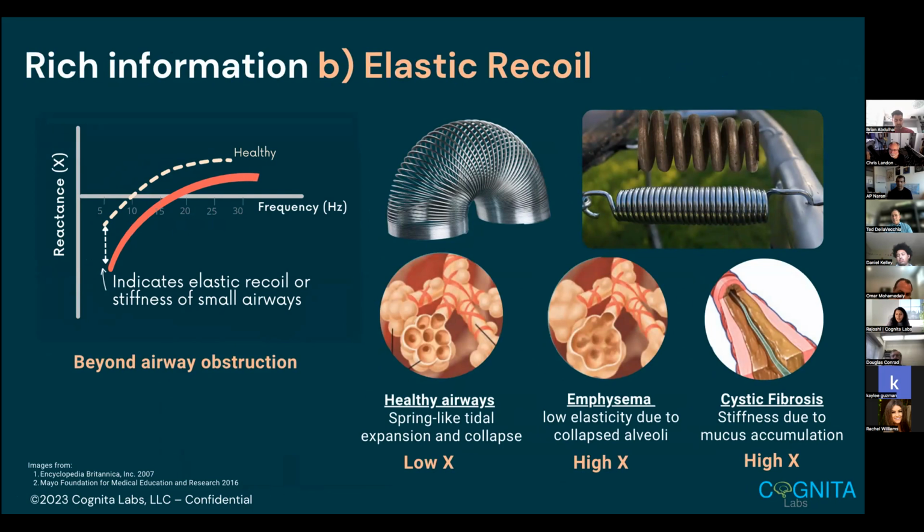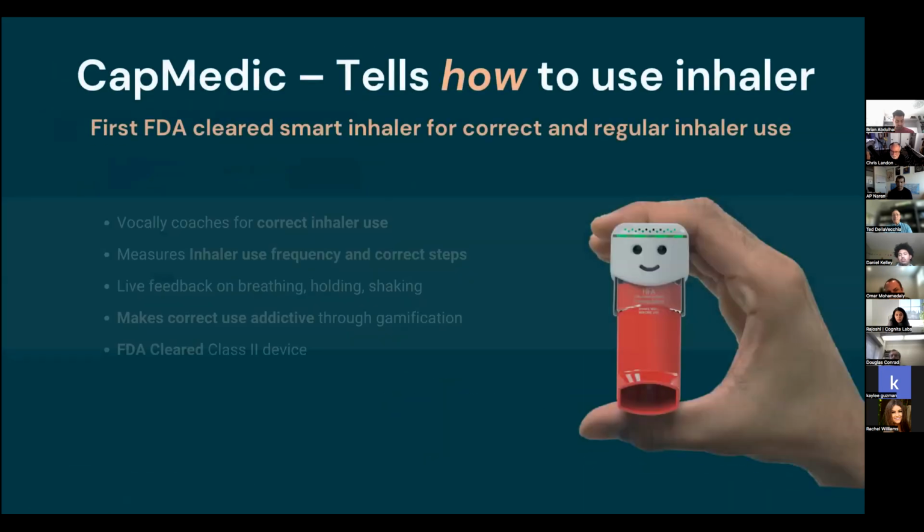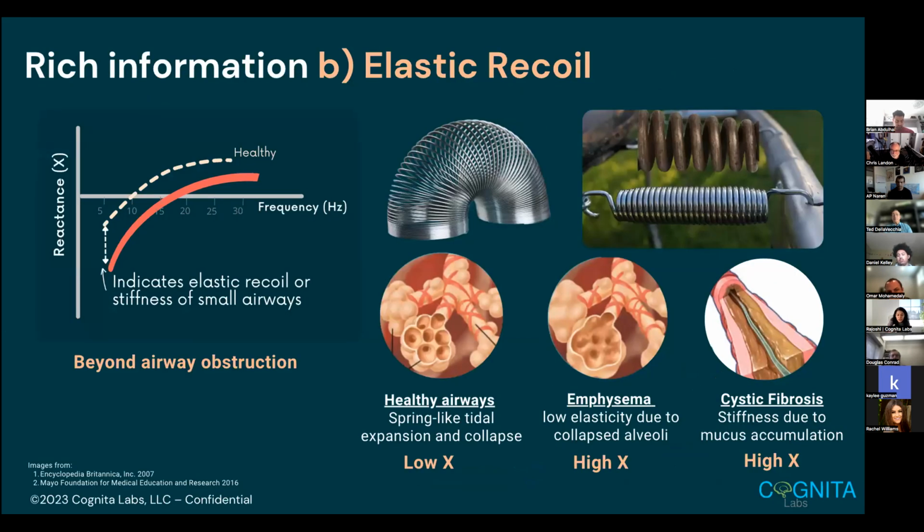So it could be different disease cases, and that's where you might have elevation in those parameters. That's just a summary of what it measures and why it is sensitive, and that was one of the first portions of our platform.